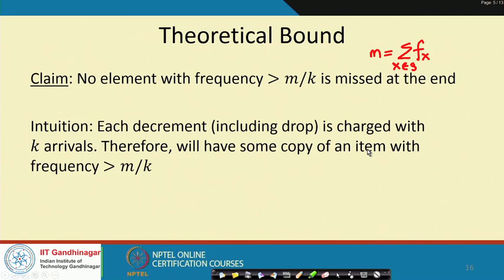So imagine what is happening in each decrement or drop. We not only throw away this one element, but we are decrementing other k minus 1 elements, right, because when we are not able to add it to the list of elements that we already have, because we have k elements, we drop this element, but then we decrease the count of k other elements.